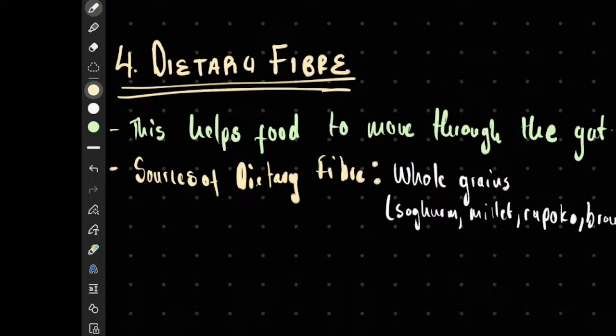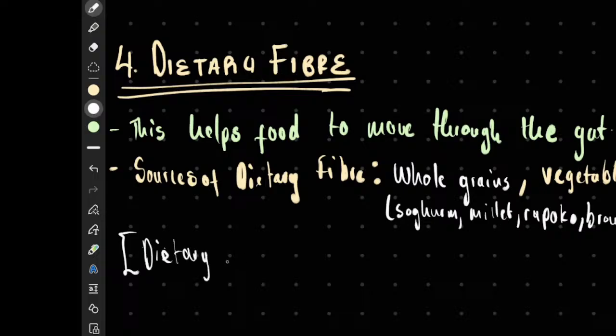Are we together? And also vegetables can also help you. They're a source of dietary fiber. Now, in simpler terms, say dietary fiber prevents one bad thing, which is constipation.